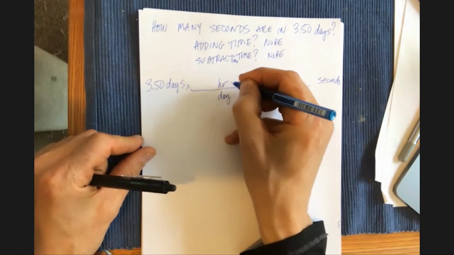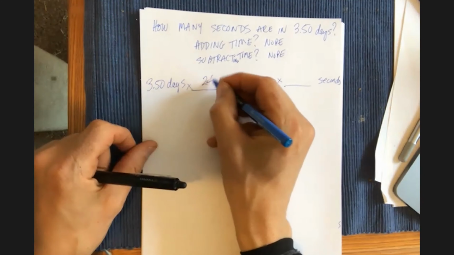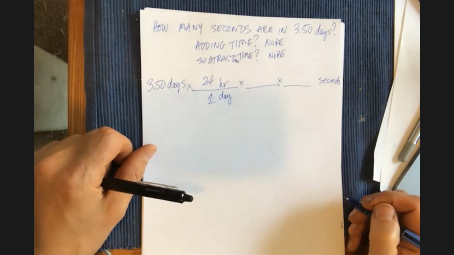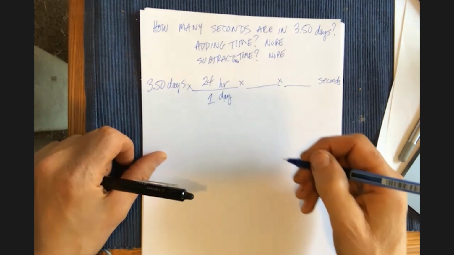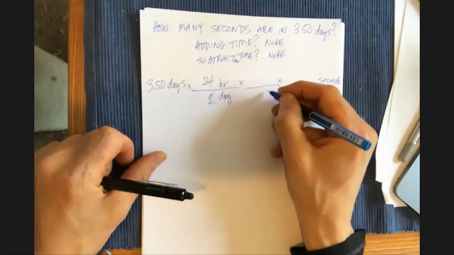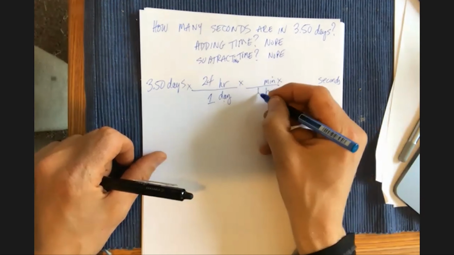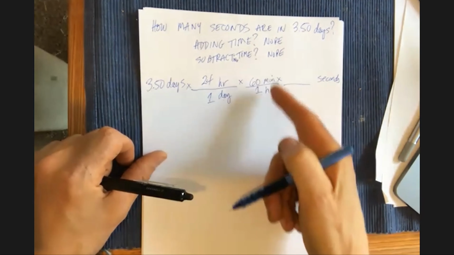My days will cancel out, so I put them on opposite sides. I think it's 24 hours in one day. Yep. What else? There's also 60 minutes in 1 hour. Right. So I want to put hours down here and minutes up there. And I know 1 hour is 60 minutes, right? And again, equal to 1, right?